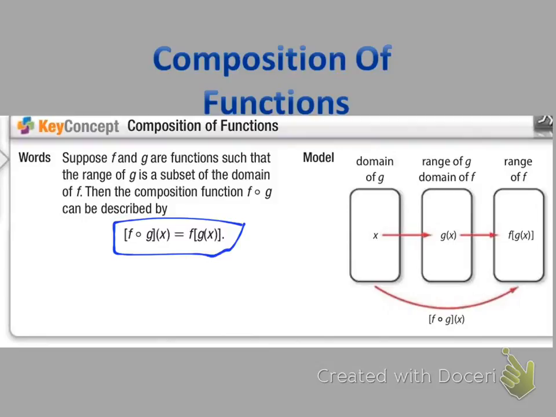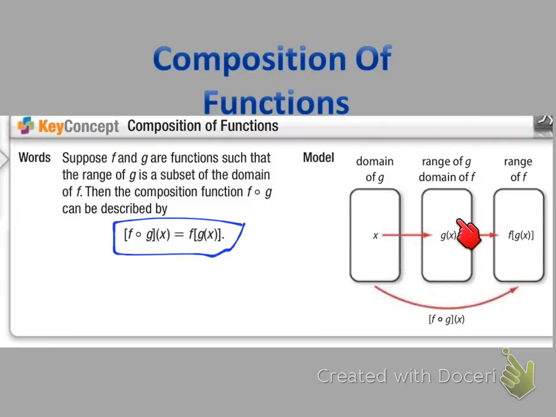Composition of functions, key concepts. Suppose f and g are functions. So f and g are just normal functions. Here's where this gets really wordy: such that the range of g is a subset of the domain of f. Basically, here's what it's saying. Domain means what? Domain is your x's. So the domain of your g function is right here.